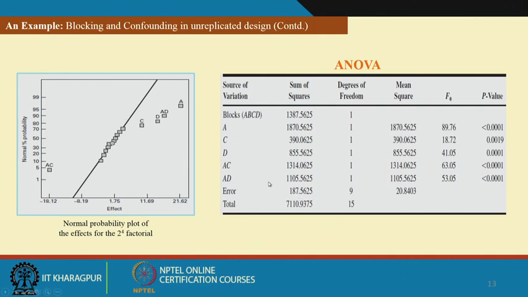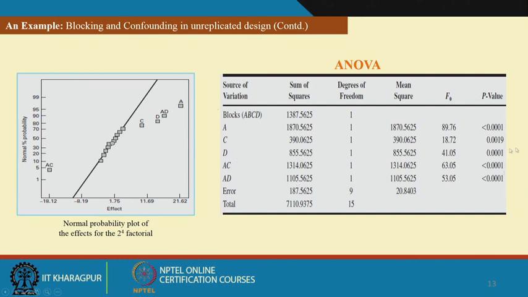Now, you are in a position to know not only the effect of block confounded with ABCD, but also the error sum of squares and the resulting degrees of freedom for error, and you are in a position to do the F test to see whether these effects are significant or not.